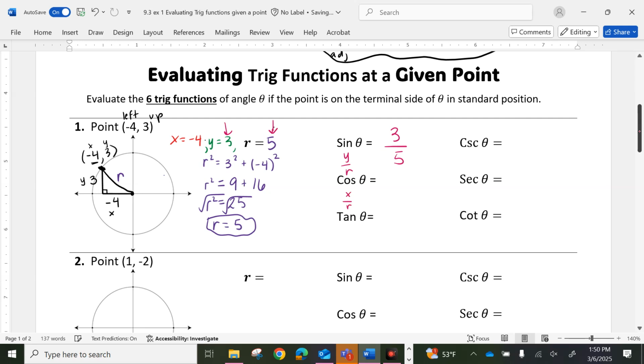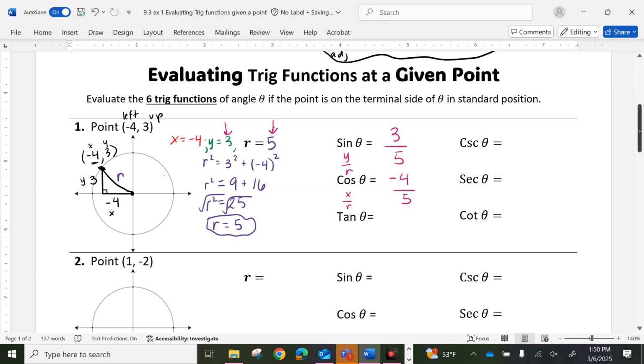Cosine is x over r. So that's going to be -4 over 5. And yeah, I'm going to definitely include that negative because I am looking on the left side of an XY axis. And so even though distances can't be negative, we definitely need to include that negative so we know which position this triangle is in.